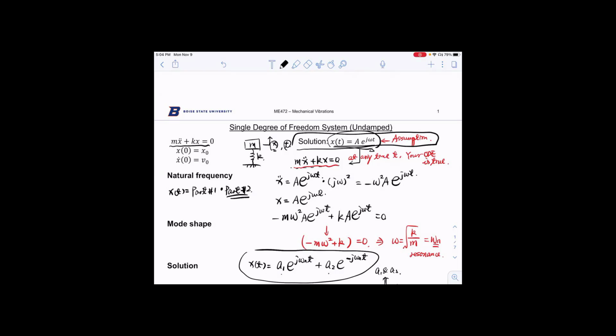Your part 2 is only a function of time, and your part 1 is only a function of x.